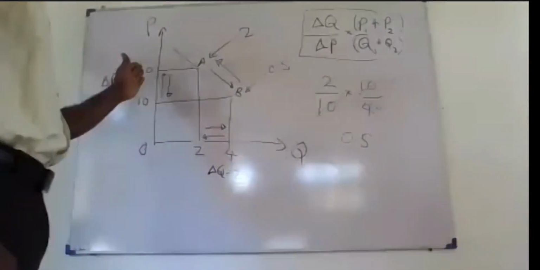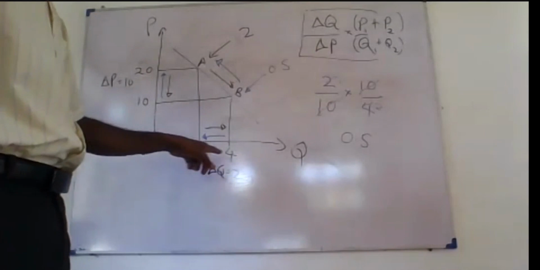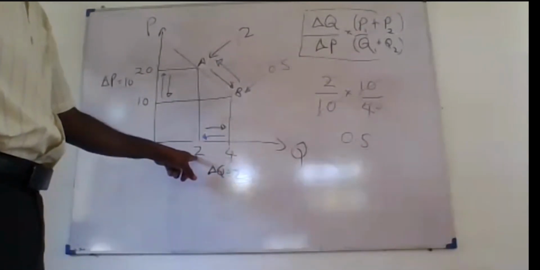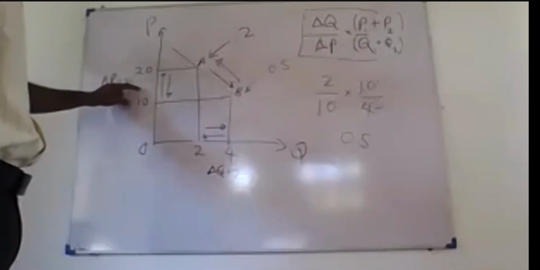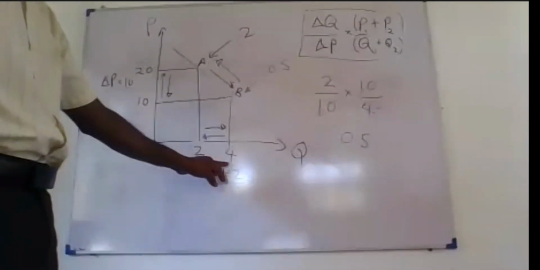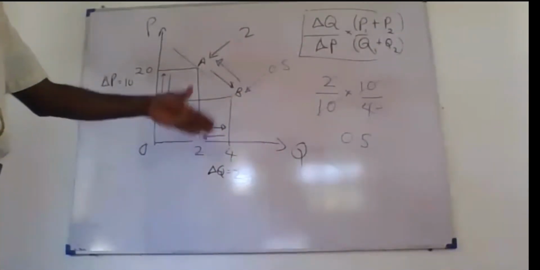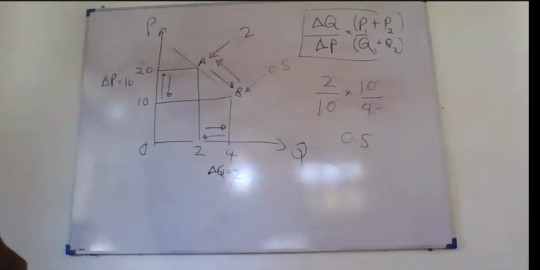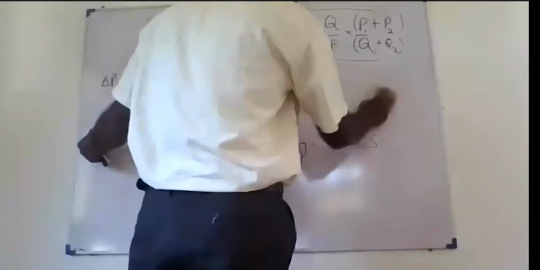When it is a price decrease, this will be 20 plus 10, and this will be 4 plus 2, 6. If it is a price increase, it will be 10 plus 20, 30, and 2 plus 4, 6. So whether it is an increase or decrease, we will be getting the same price elasticity of demand when we use the arc elasticity of demand.